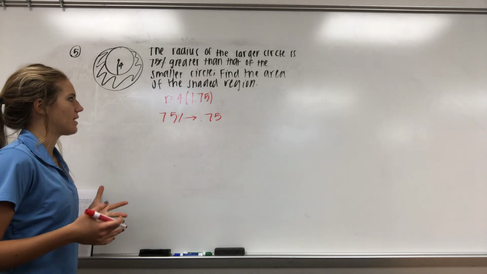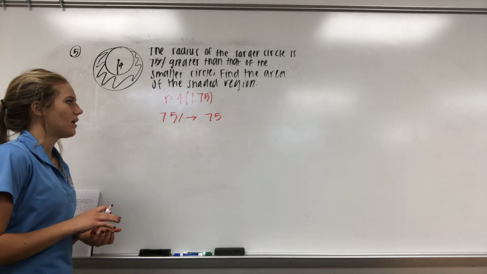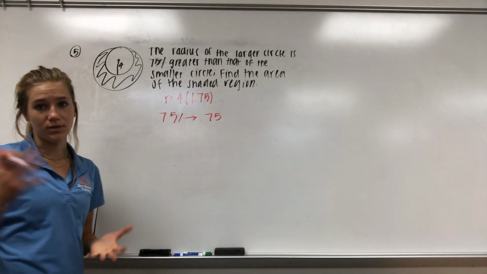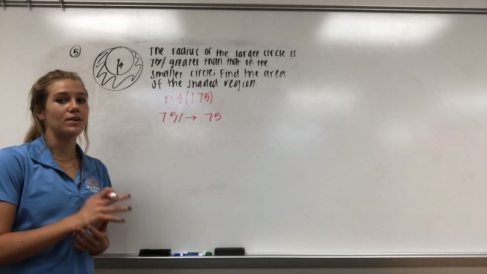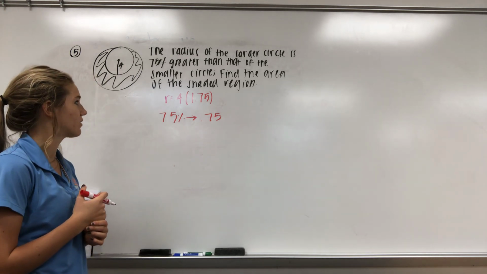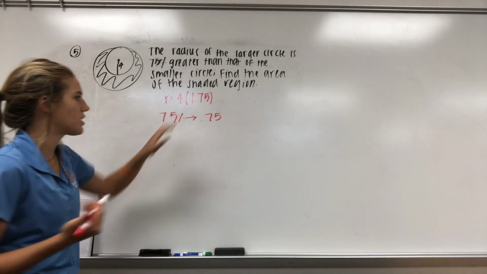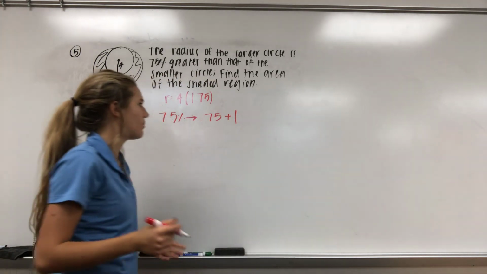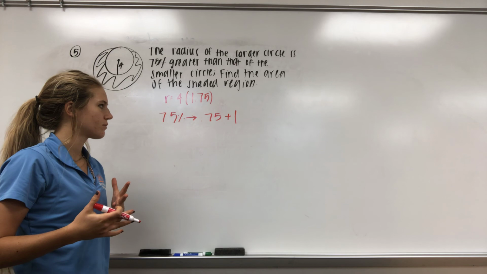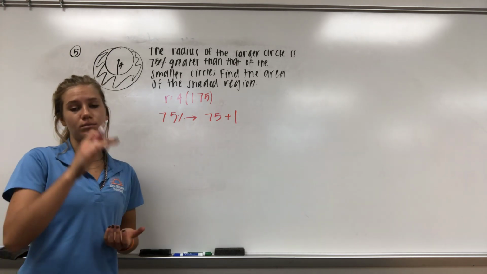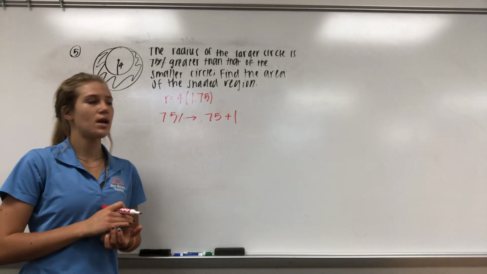The reason behind that is in the wording, and it also is just kind of logical, right? It tells us that the radius of the larger circle is 75% greater than. So I know that I have this one here, and the one that I add represents the full radius of the smaller circle.